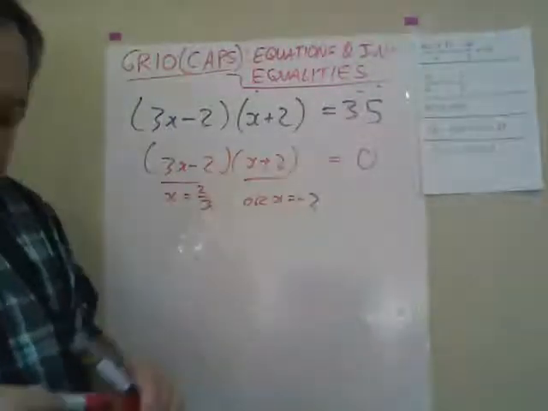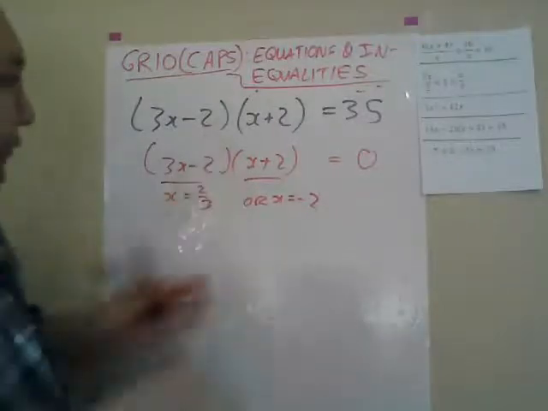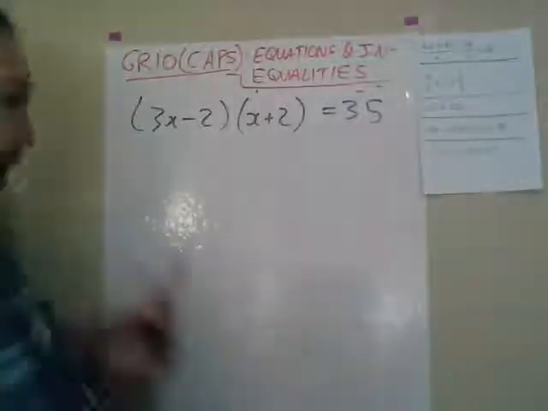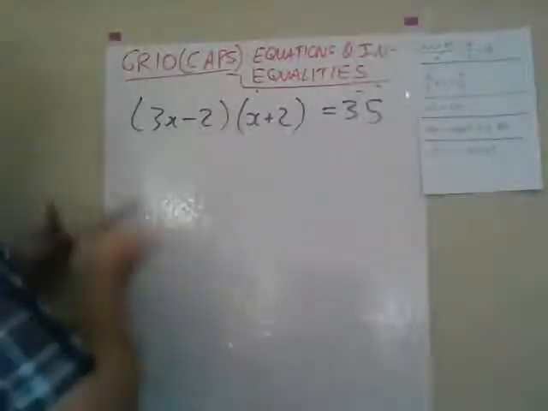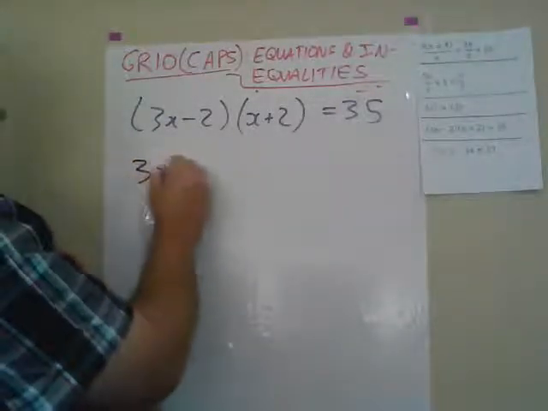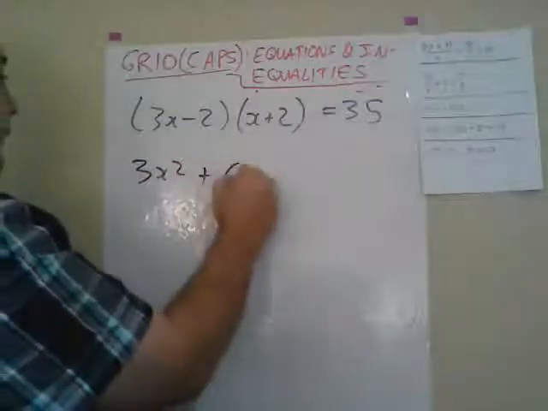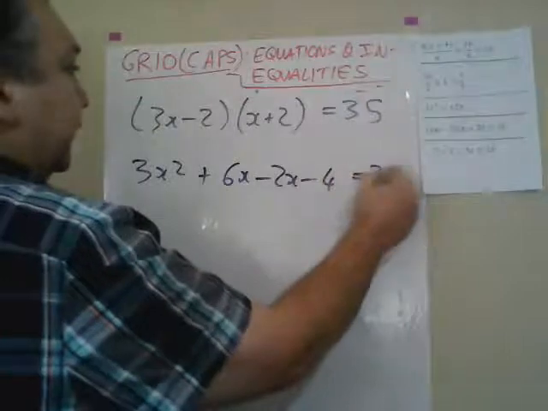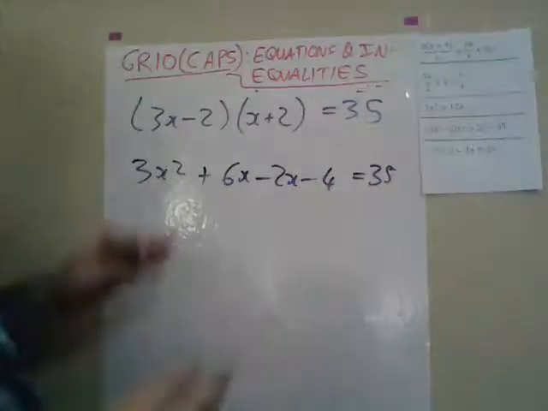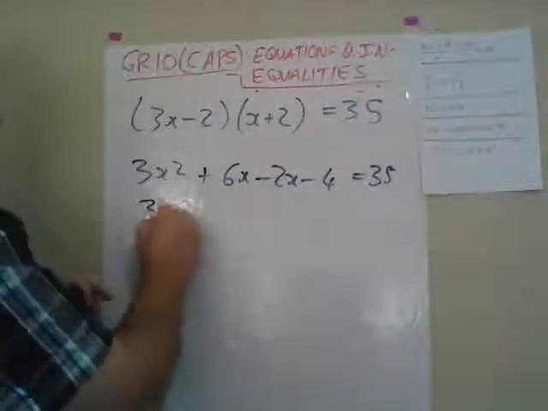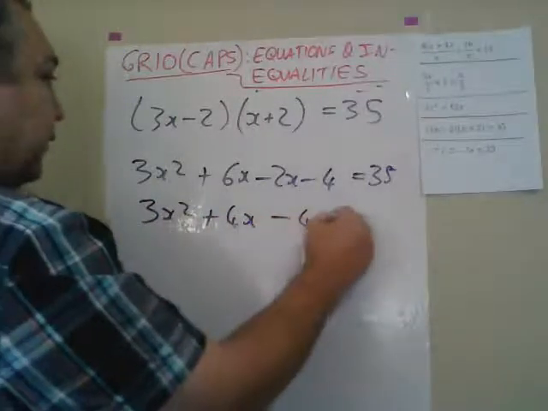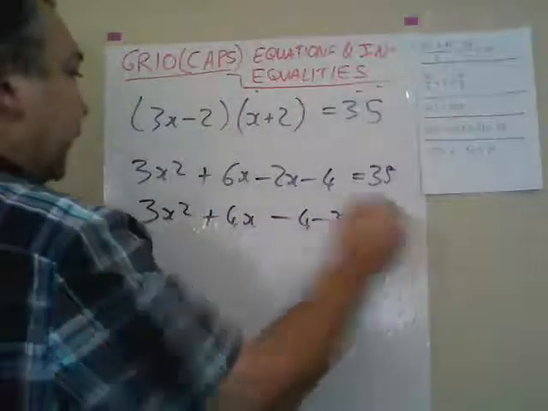But in this case, it looks a bit different. So we have to multiply all the brackets out. So that gives us 3x squared plus 6x minus 2x minus 4 is equal to 35, which leaves us with 3x squared plus 4x minus 4 minus 35 is equal to 0.